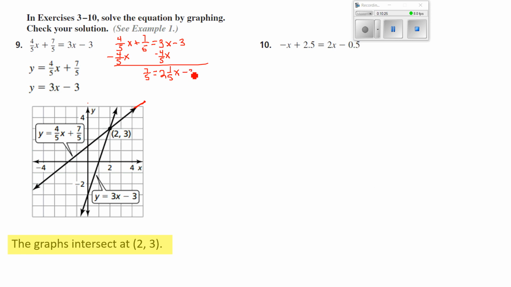Minus 3. All right. Now I'm going to combine my numbers. I'm going to add 3 to both sides. And this is going to give me, well, I know that 7 over 5 is really 1 2/5. So when I add it to 3, that's going to be 4 2/5. Now it's got to equal 2 1/5 x.